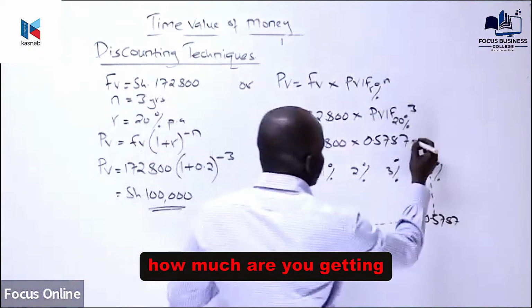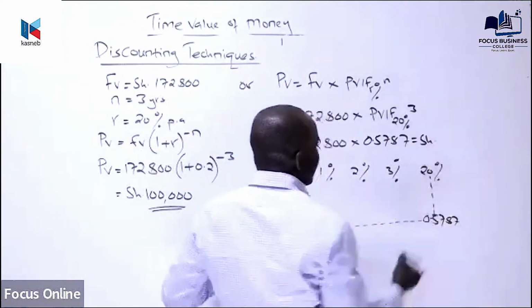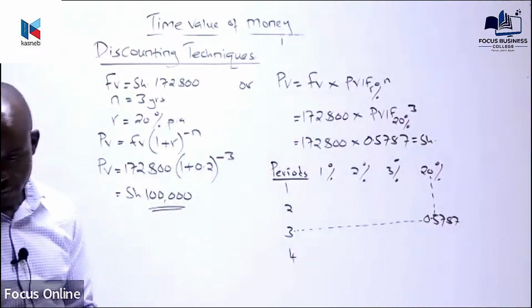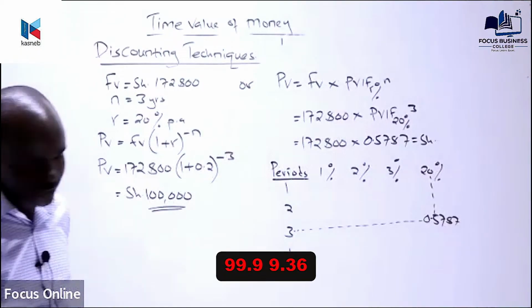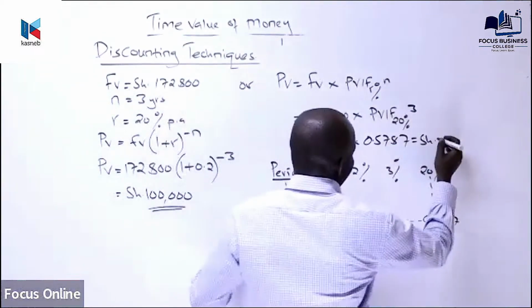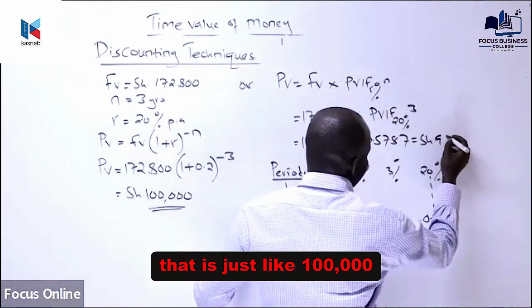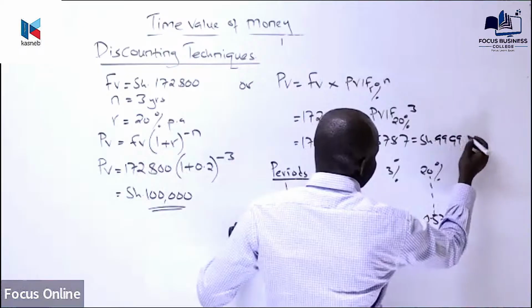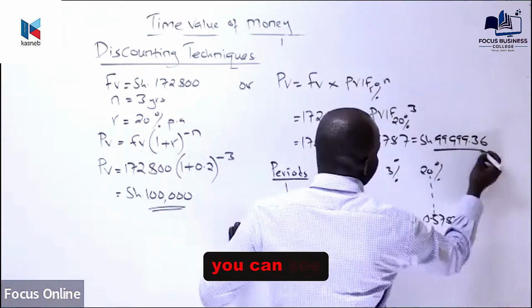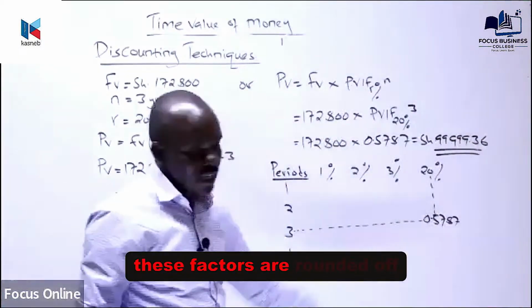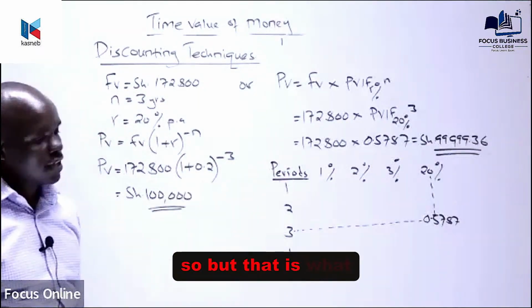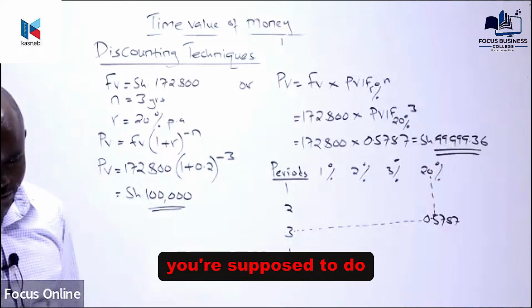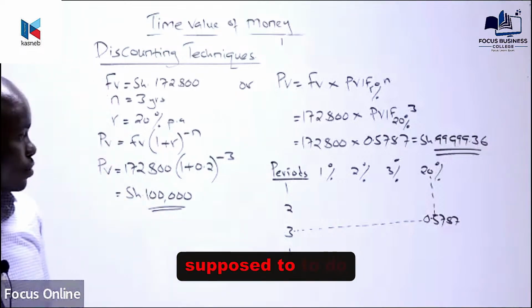How much are you getting? 99,993.6. That is just like 100,000. You can see these factors are rounded off to 4 decimal places, but that is what we are supposed to do.